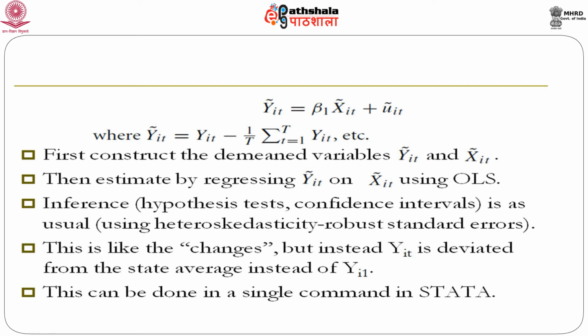This is like the changes, but instead Y_it is deviated from the average value of Y_it. That is, in each case you first take the state specific average and then take the deviation from the state specific average.